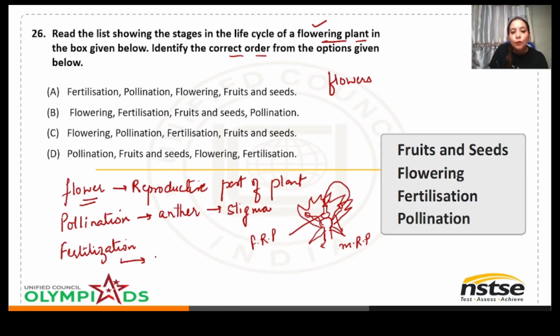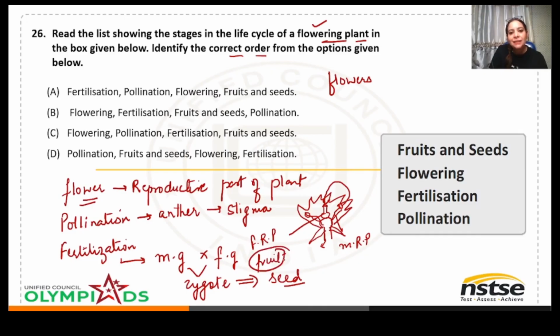Fertilization means fusion of male gamete with female gamete, and as a result, what do we get? We get the first cell, that is zygote, which later transforms into seed. So we can say that after pollination, fertilization takes place, which leads to the formation of fruit which has seeds enclosed in them. Okay, so this is the sequence.